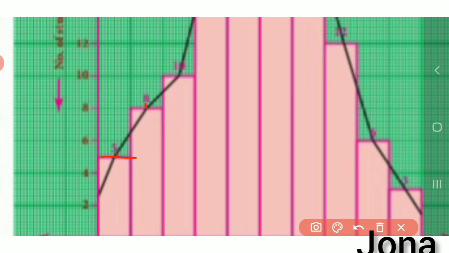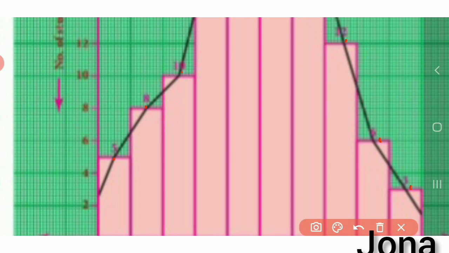Then for 20 to 30, 25 is the midpoint. Likewise, for each class you have to mark the midpoint with a dot only. Don't put lines there, put dots only. And here we put the dots on each of them like this.